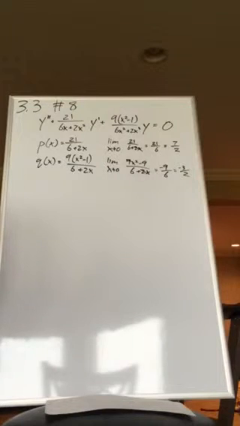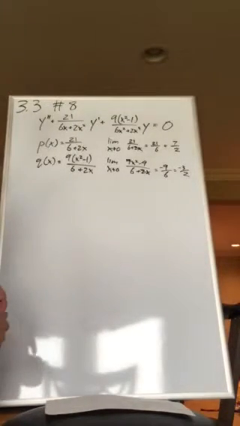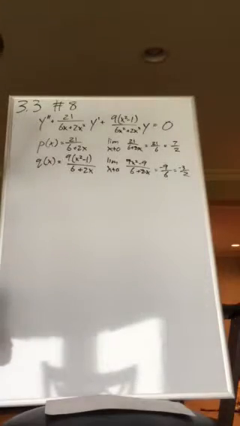The next part of the question says, if it is a regular singular point, find the exponents of the differential equation at x equals 0. So now we're going to have to use the indicial equation.